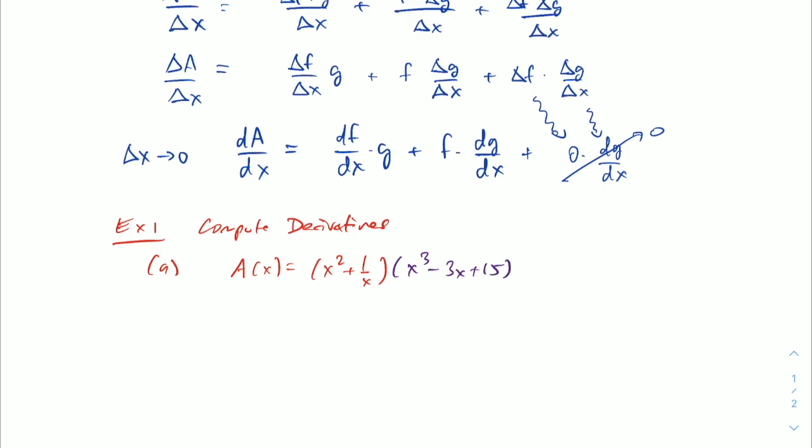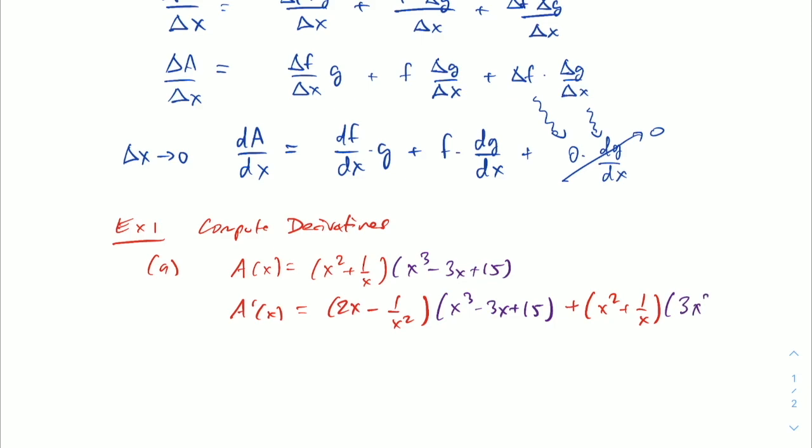For the derivative of this function, we take the derivative of the first part: 2x, and the derivative of 1 over x is negative 1 over x squared, using the power rule, times the second function left alone, and then plus the first function left alone times the derivative of the second function. The derivative of x cubed is 3x squared, the derivative of negative 3x is negative 3, and the derivative of 15 is 0. So that's our answer for the derivative.